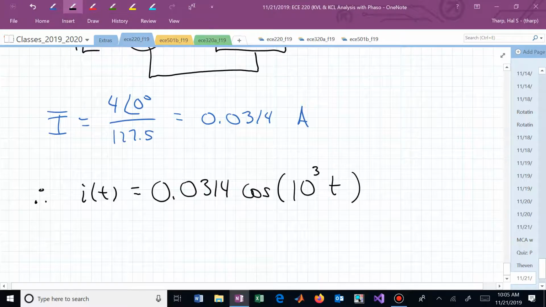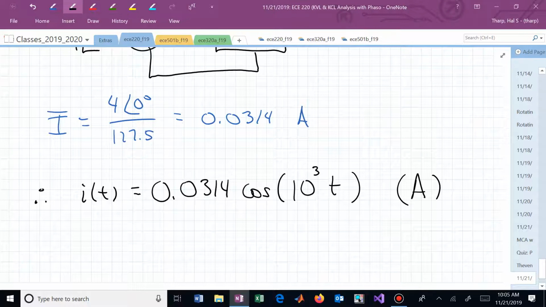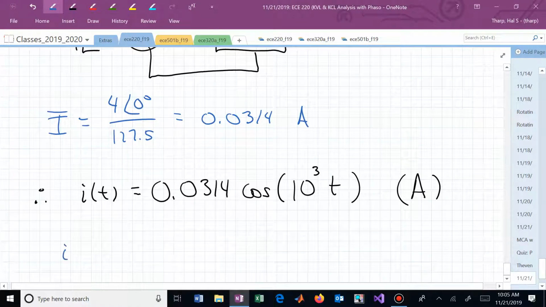It's not there. So we have just a pure cosine waveform without a phase shift. And this is in phase. So now we can say, oh, i of t and our supply voltage v of t are in phase.